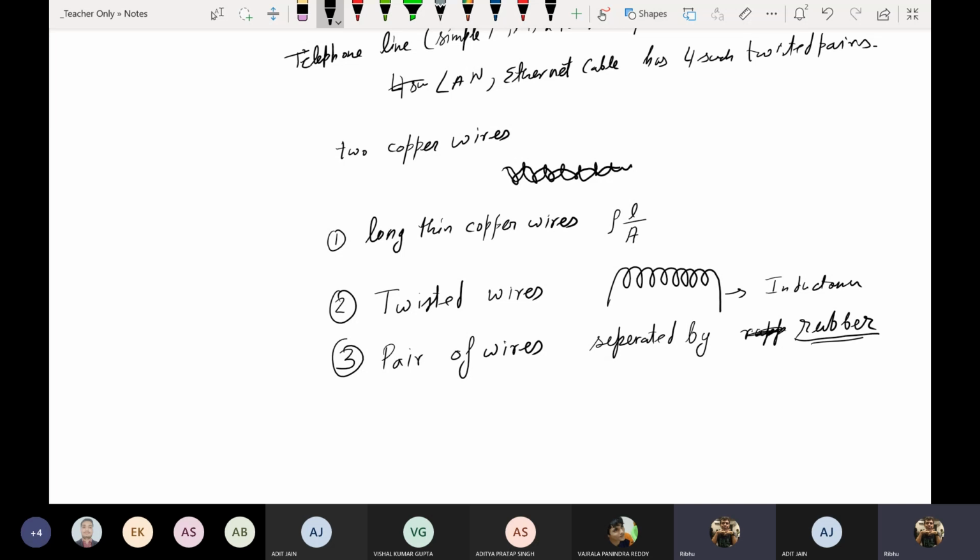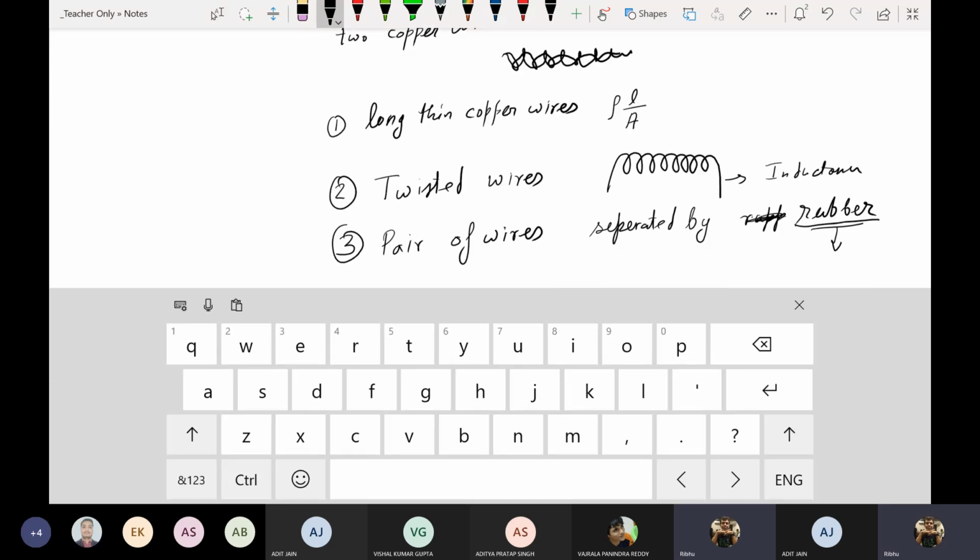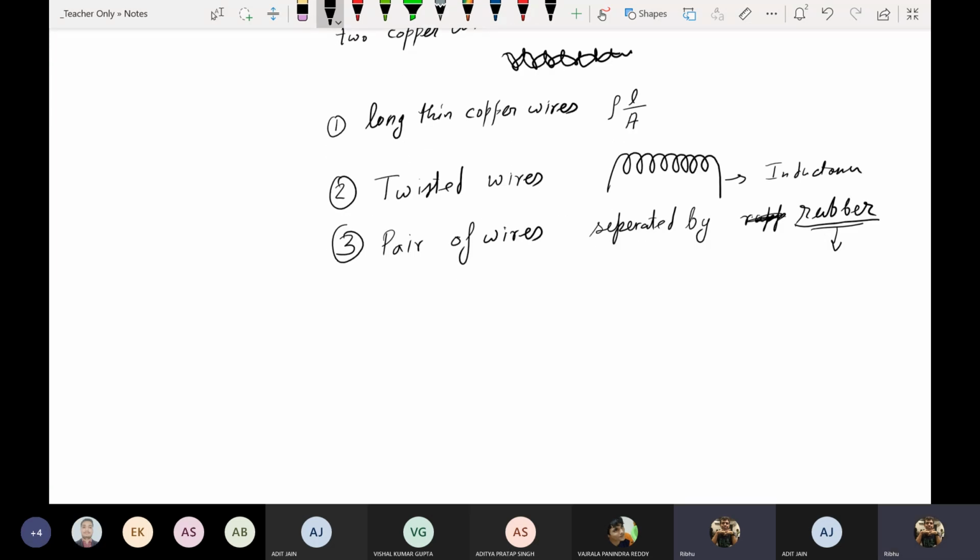Right. So that is a pair of wires separated by rubber. And what is rubber? It is an insulator, a dielectric. Let's be slightly more technical. What happens when you place a pair of conductors and separate it with a dielectric?